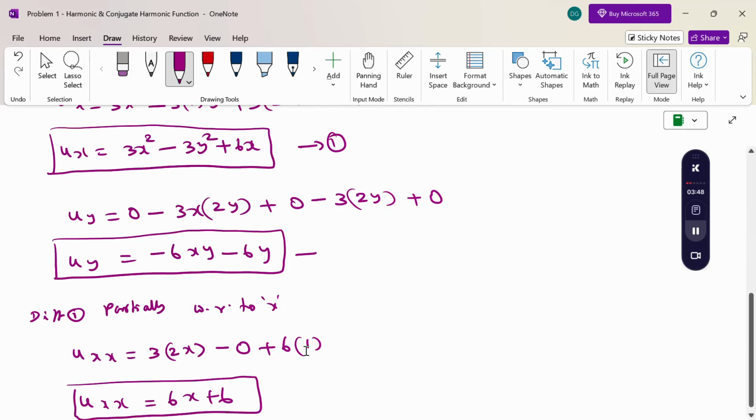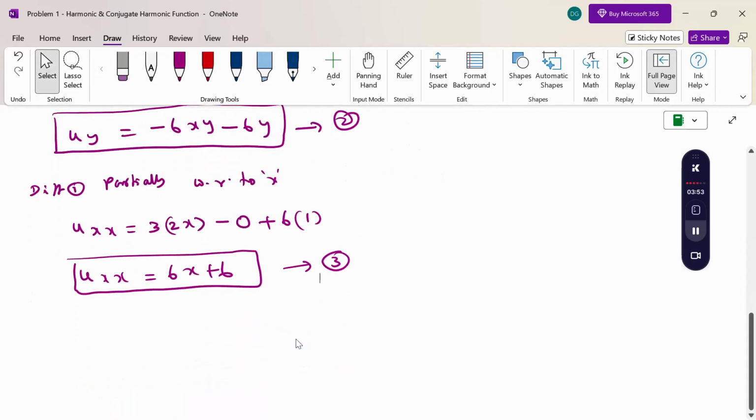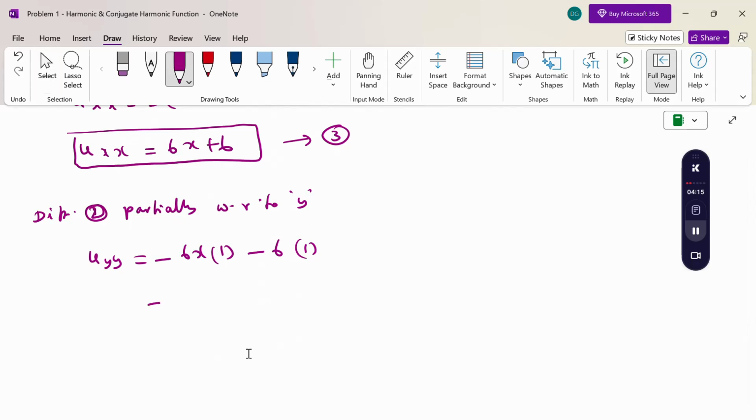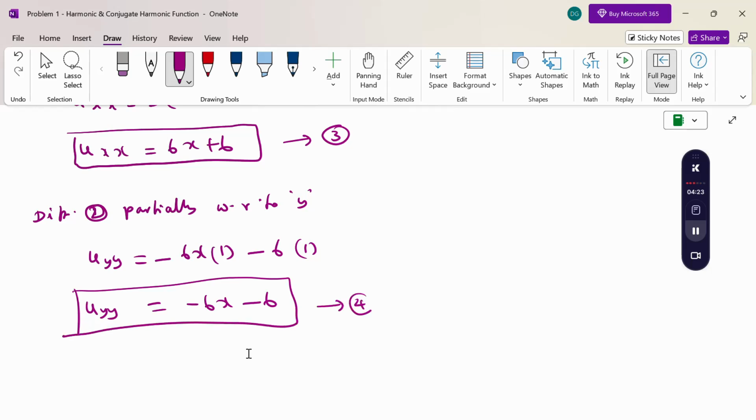Now I consider this equation 3. Now differentiate equation 2 partially with respect to y. Now uyy equals minus 6x constant, y derivative with respect to y 1, minus 6 into 1. Therefore, uyy equals minus 6x minus 6. Now I consider this equation 4.